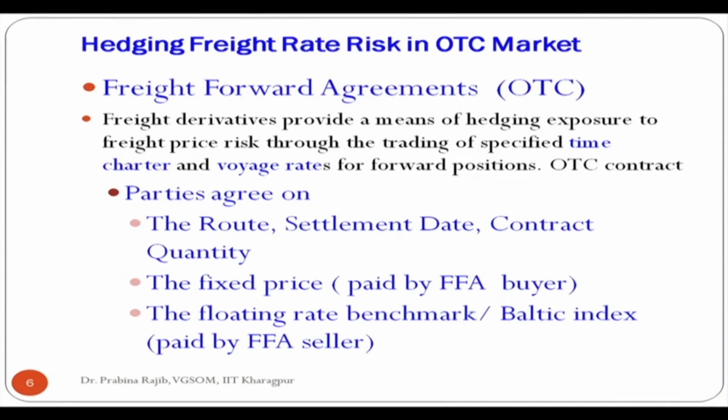So what exactly happens? Let's say both parties have some views on whether these freight rates are going to go up or go down. Let's say a shipping company fears that freight rates are going to go down, and it can enter into a forward contract to mitigate that risk, fixing the price at which it will be able to lease or rent its ships through the freight forward agreement.